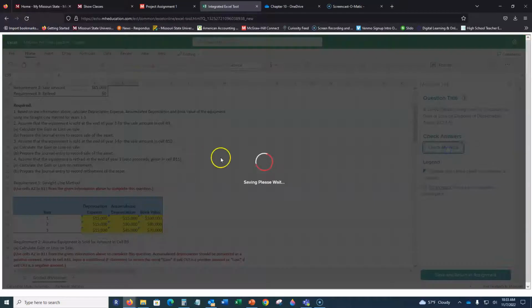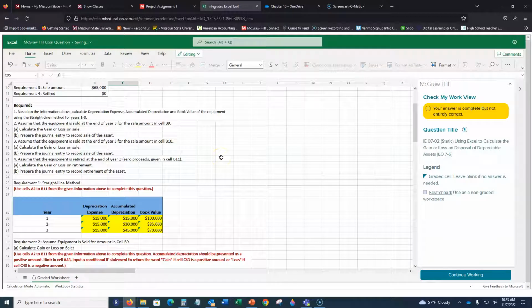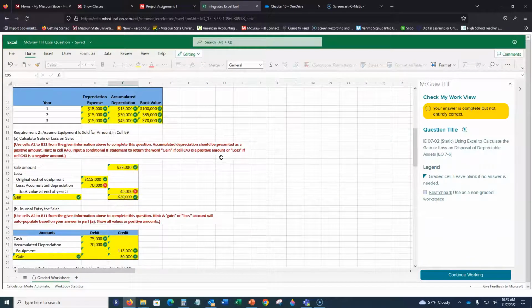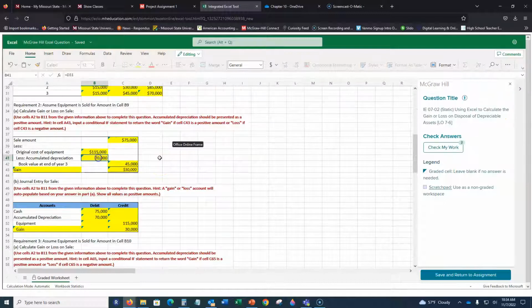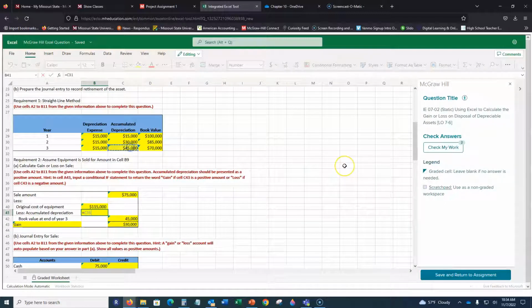Let's check our work real quick just to see. It's telling us we are not entirely correct. Not being cautious enough. This is why you pay attention to the details, right, guys?